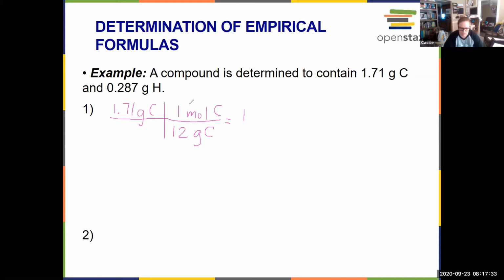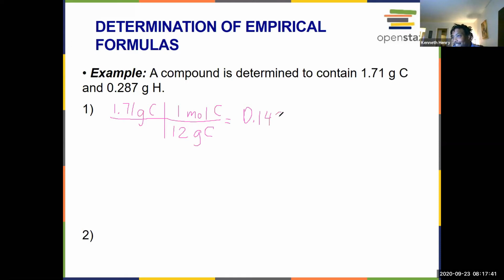That's all right. So 0.143? Yeah. And that's moles? Yeah, of carbon.